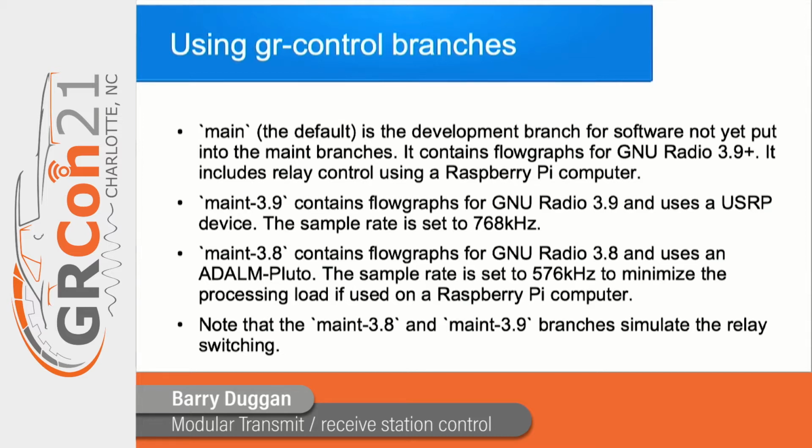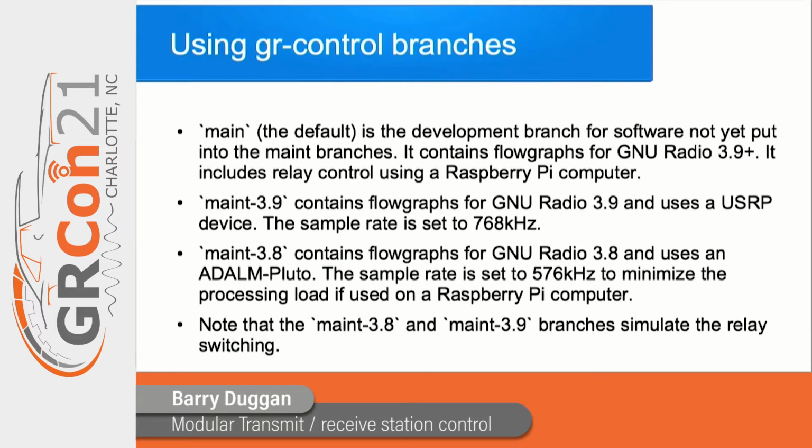The main 3.9 uses a USRP and the sample rate is set to 768 kilohertz. The main 3.8 is aimed at lower speed and uses a Pluto, and the sample rate is set to 576 kilohertz. And I was hoping it would run on a Raspberry Pi.